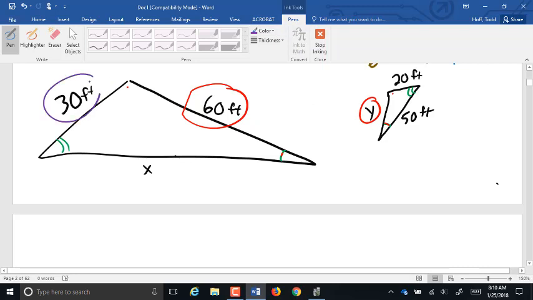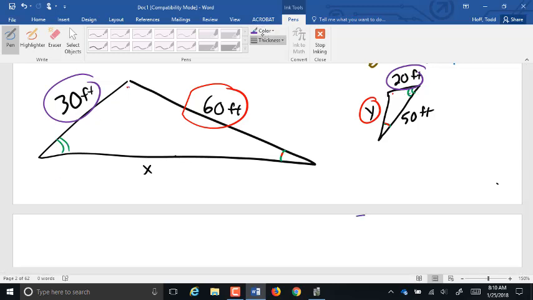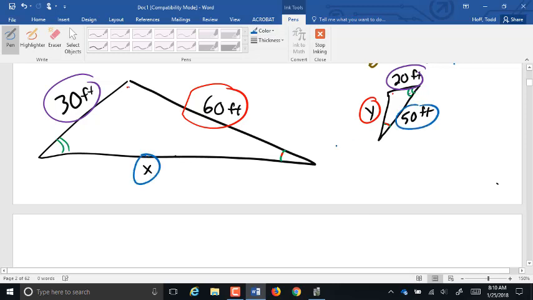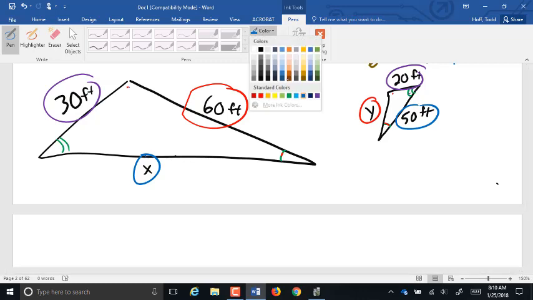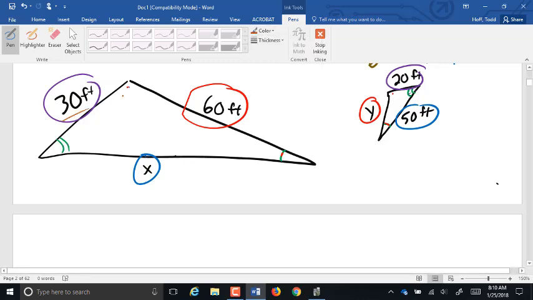How about the 30? The 20. It's between the double arc and the unmarked. The double and the unmarked is the 20. So that should leave the X corresponding with 50. Which one do I have the number from both triangles? 30 and 20.